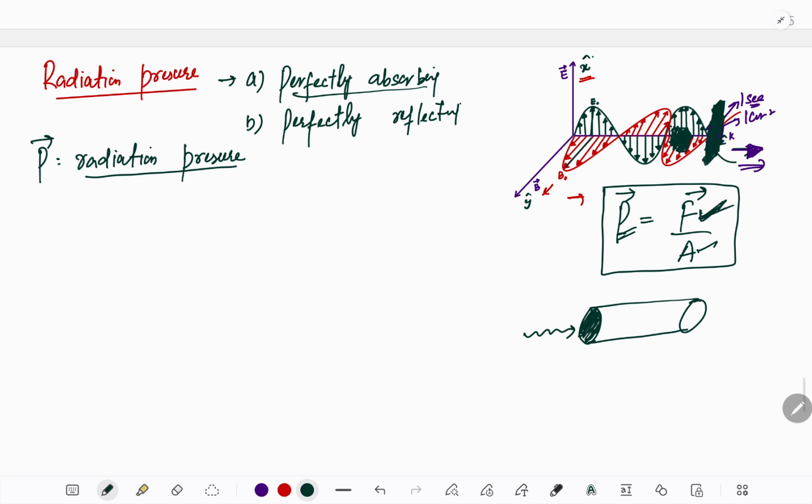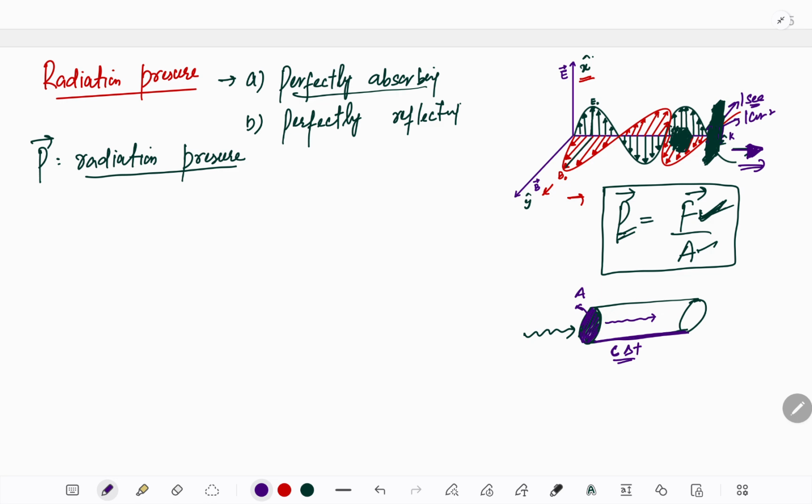It travels into this surface. Let's assume that it travels for the time del t with the speed c. So this distance would be c del t, and let's say A is the area of this surface.